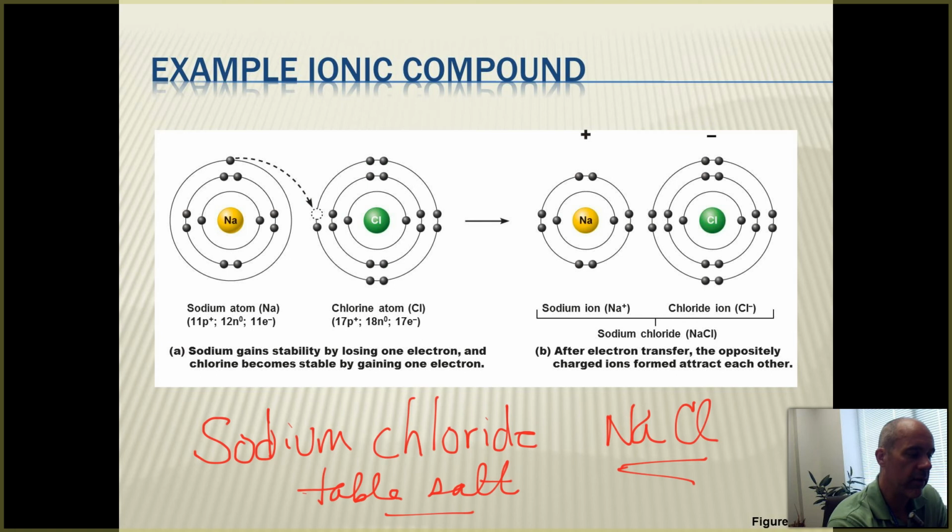So if you look over here, sodium atoms are a type of atom that pretty easily give up one of their electrons. They have an electron that's orbiting pretty far out from the nucleus, and sodium loves to give that up pretty easily.